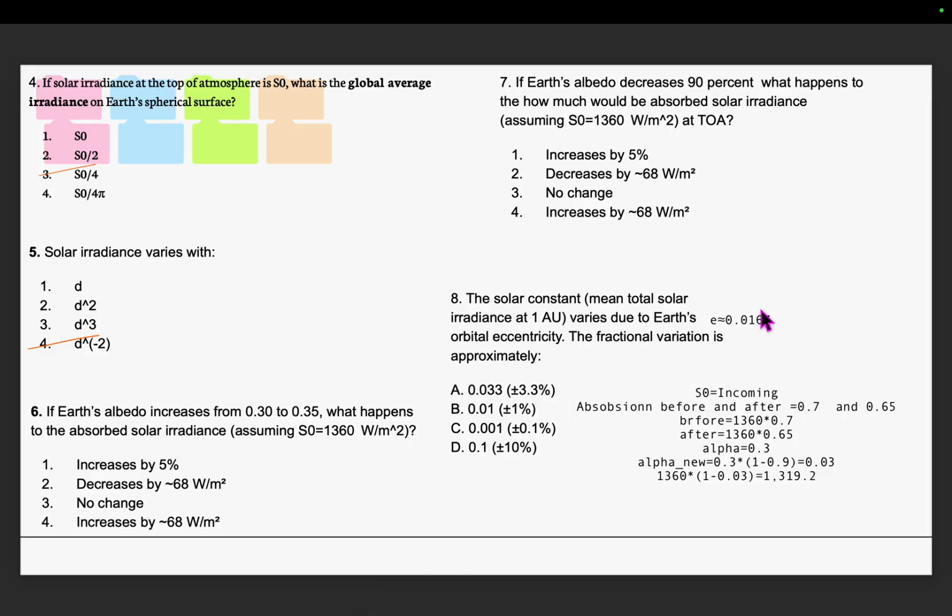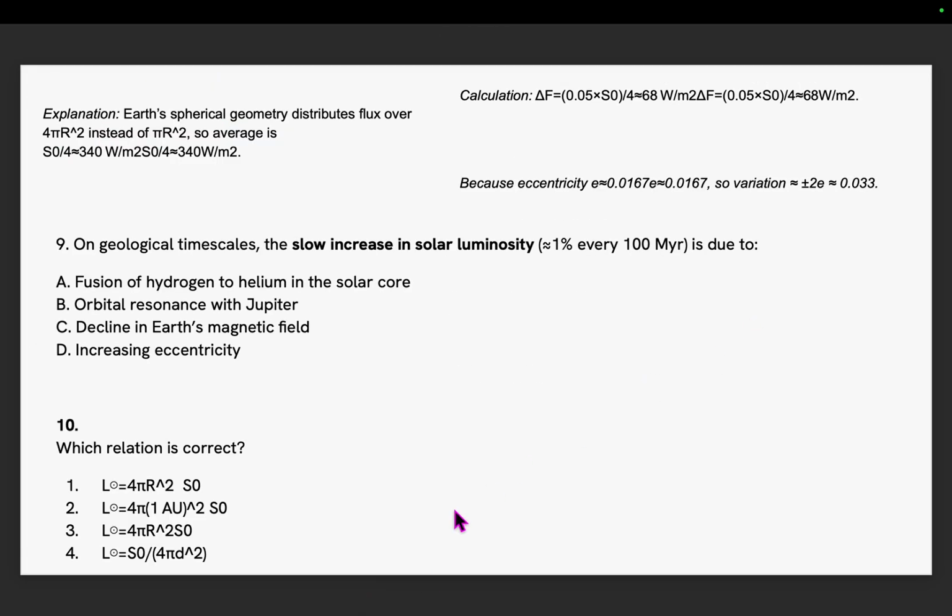Now question 9. On geological time scale, the slow increase of solar luminosity, that is about 1% in 100 mega year, is observed due to fusion of hydrogen to helium in the solar core, orbital resonance with Jupiter, decline of Earth's magnetic field, increasing eccentricity.